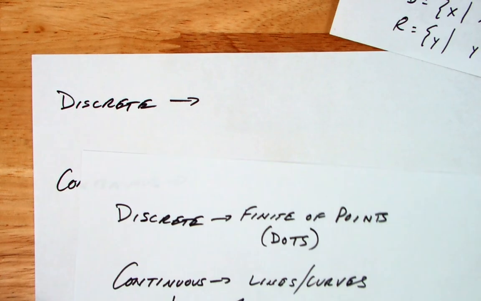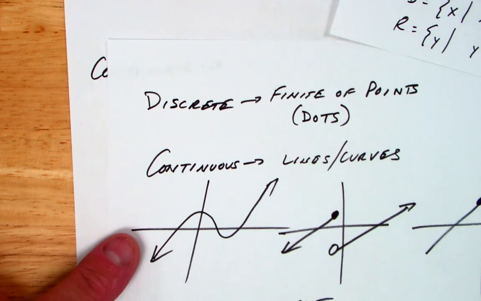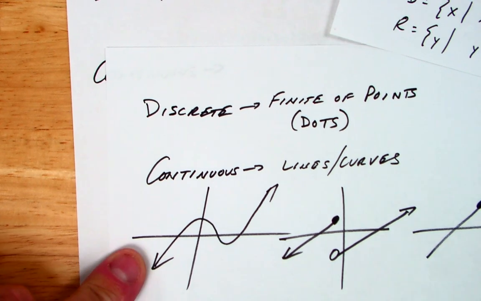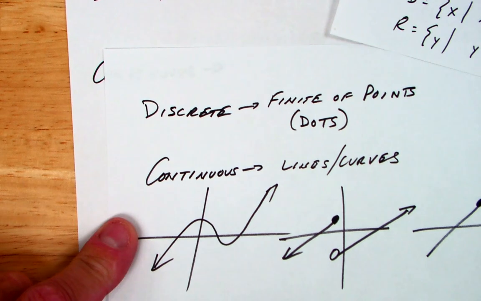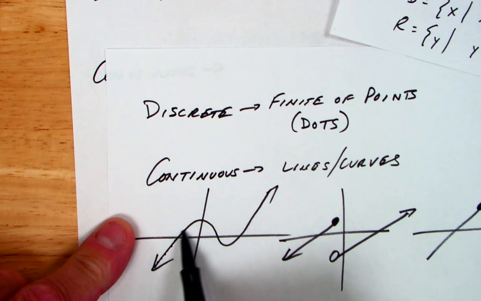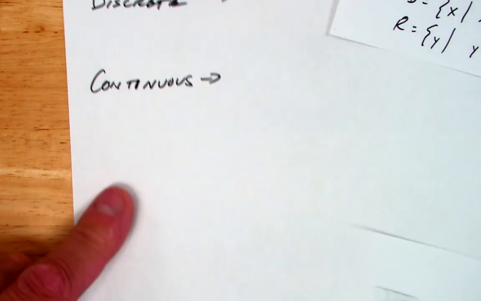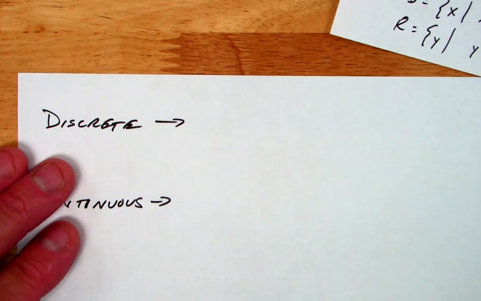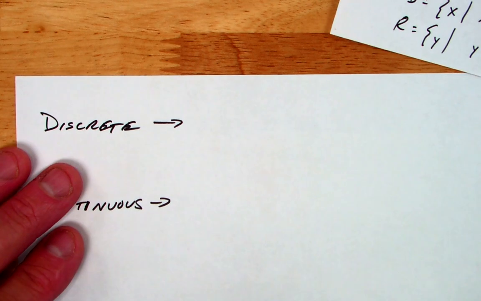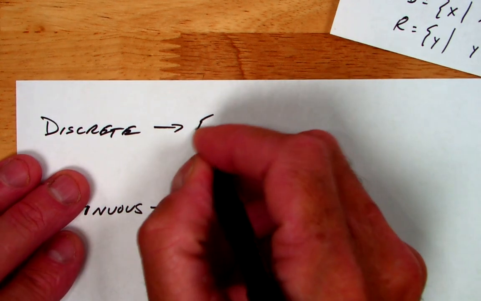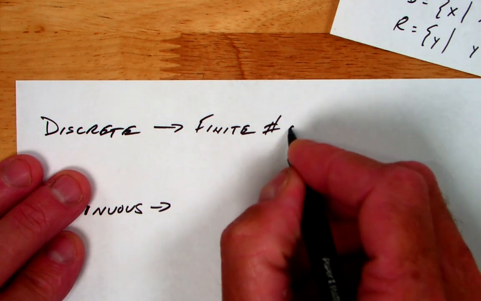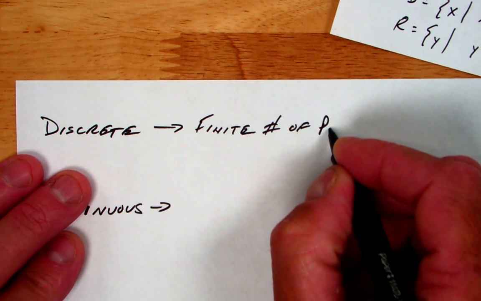If I look at a graph like this, how many points are on this graph? There's an infinite number of points on this graph. They're all over the place. So discrete means only a set number of points. So it's a finite number of points, and finite means limited.